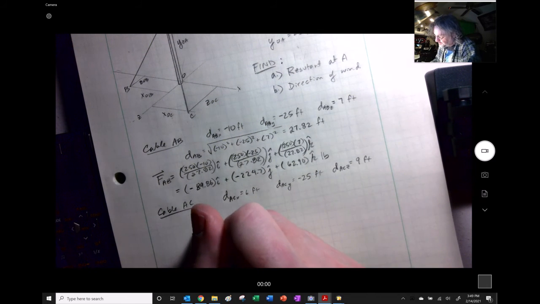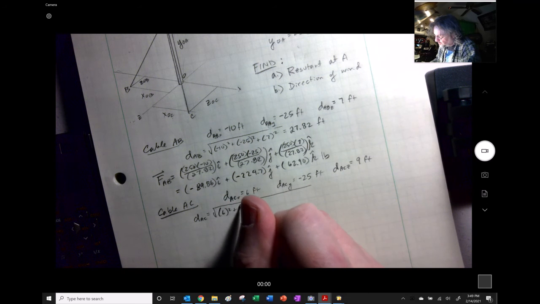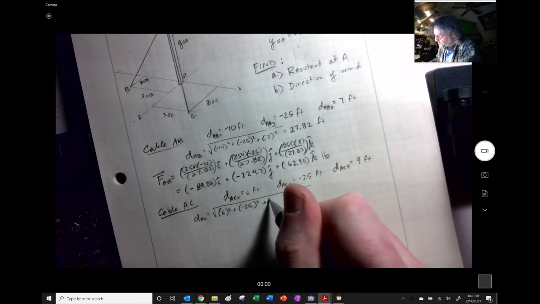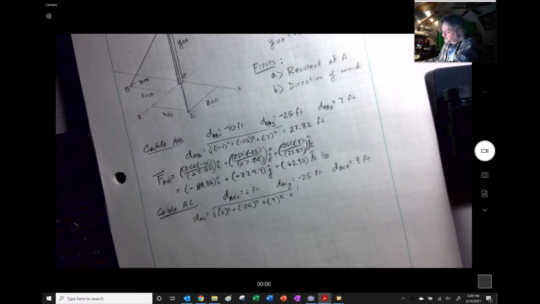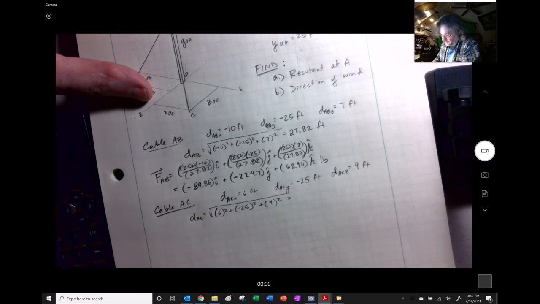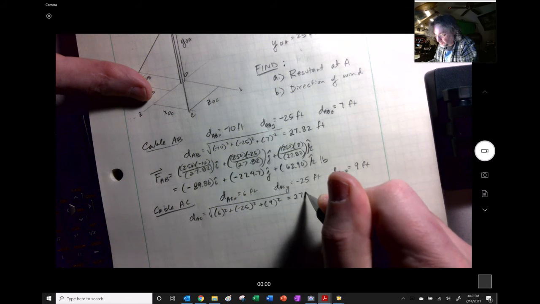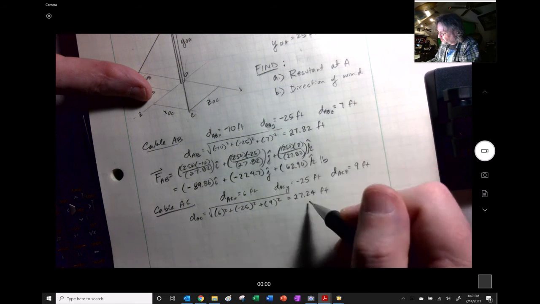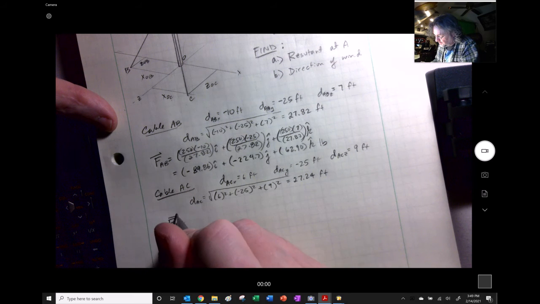So our distance AC is the square root of 6 squared plus negative 25 squared plus 9 squared. That's 36, 25, 81. All right, so we have 27.24 feet. So they're kind of close in length, weren't they? Now we have the F_AC.